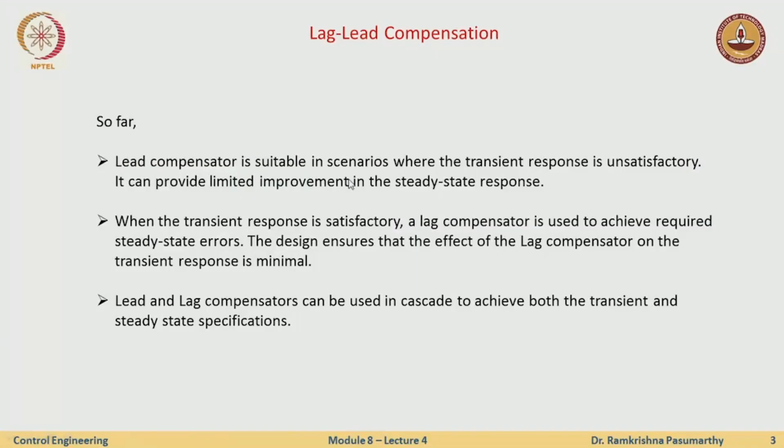And we also saw the effect of adding a lag compensator is that it just shifts the root locus slightly to the right. Okay, in case of specifications where neither the transient specifications are met nor the steady state is satisfactory, we would go for designing both lead and lag compensators.